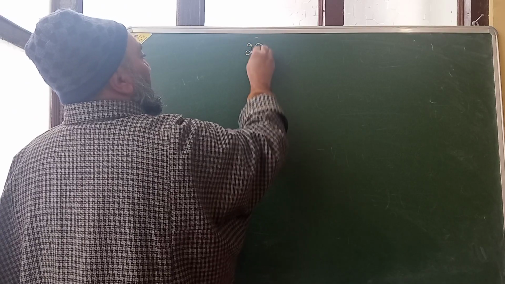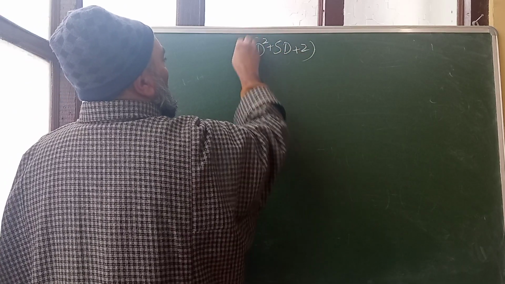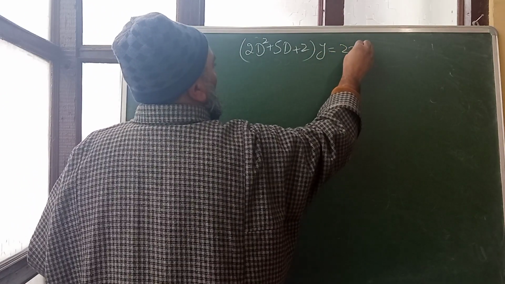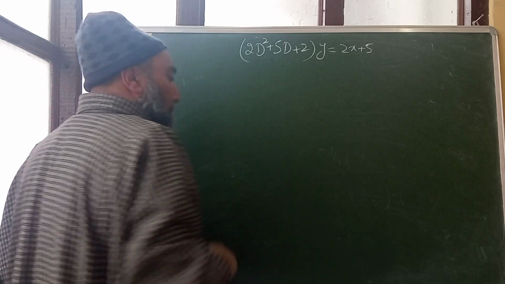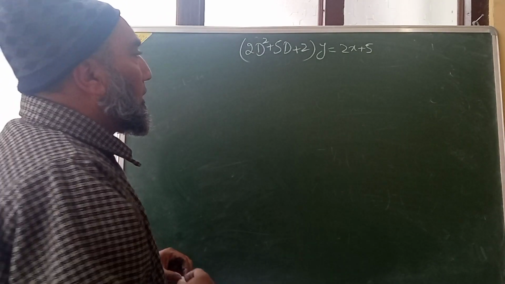Two d square plus 5d plus 2 operating on y equal to 2x plus 5. Okay. Now, what is the auxiliary equation?